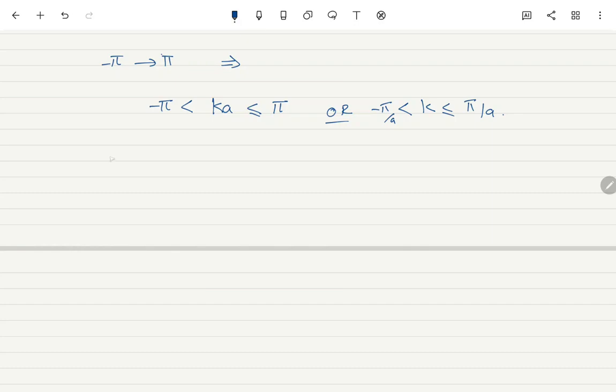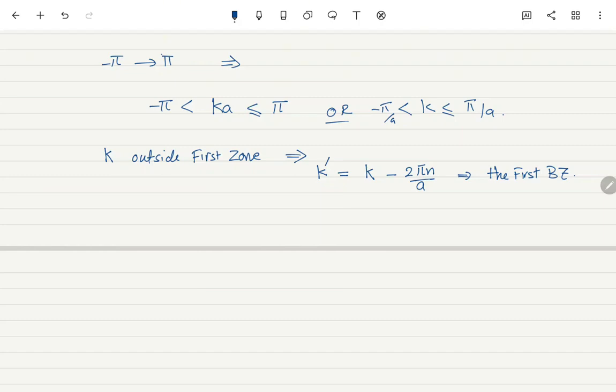For instance, assuming that here K is outside the first zone, then in this case here, K prime, the new wave vector, will be equal to K minus 2 pi n over a, which again lies within the first Brillouin zone.